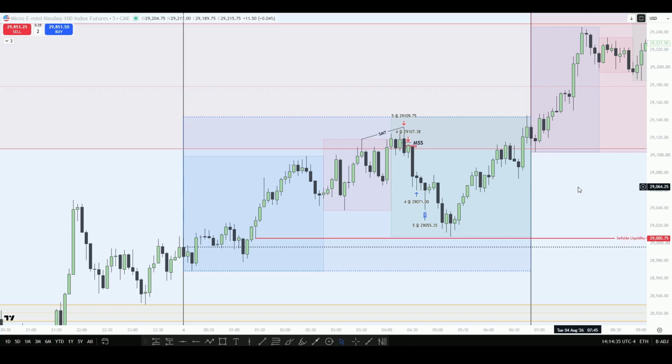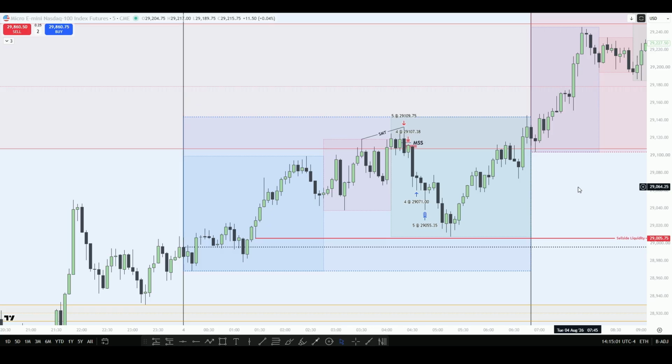So time and price. The sequence is giving you the time of day, and it's telling you when to hunt for setups, and then price is just validating that the right time has indeed arrived. Okay, so I hope you learned something today.